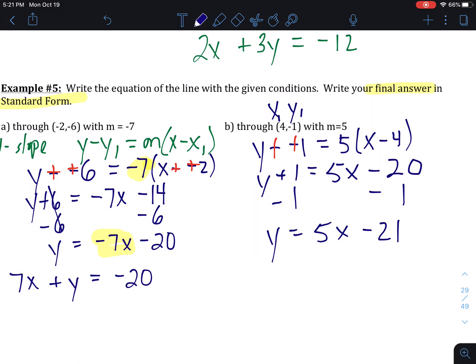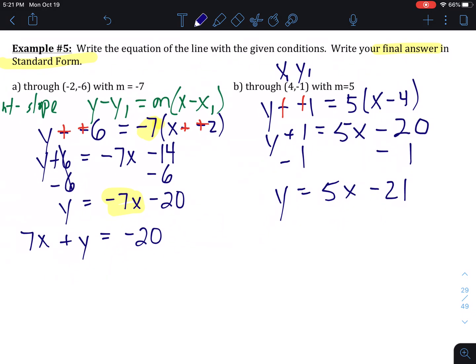So that's slope-intercept. We now need to convert that over to standard. So this term, the 5x, is not allowed to be on the right side of the equal sign. So we're going to subtract 5x. Pretty much just moving the term over to the other side and changing the sign of it.